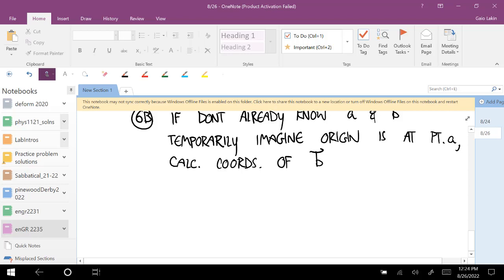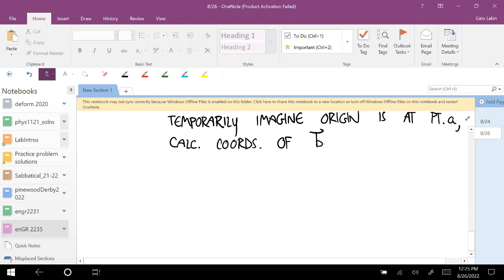I'm not going to show an example of that first way. That's just subtracting component by component, so that's easy. But the second way, here's an example.